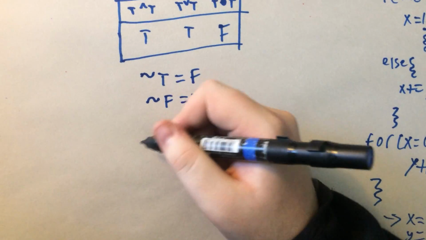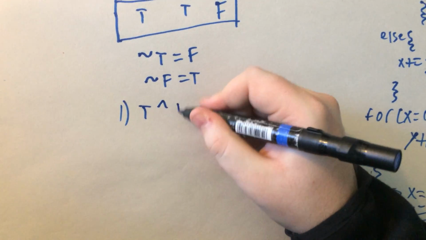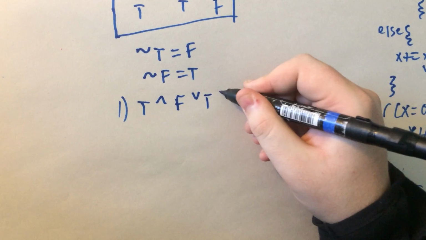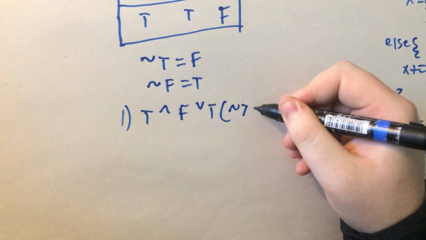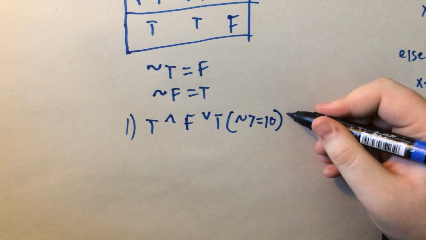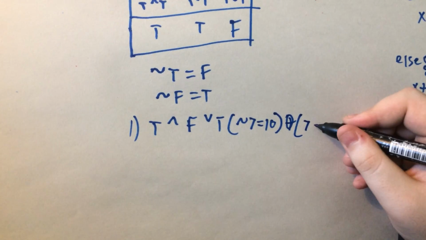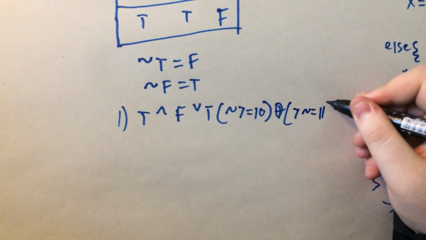We're going to have some good times here. Let's do our first main example, which is going to be true AND false OR true, NOT 7 is equal to 10, XOR 7 is not equal to 11.